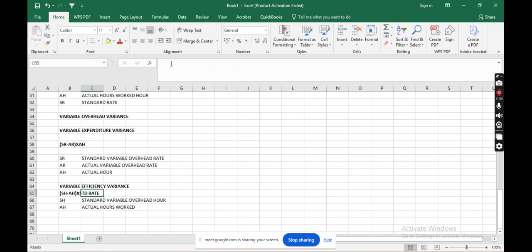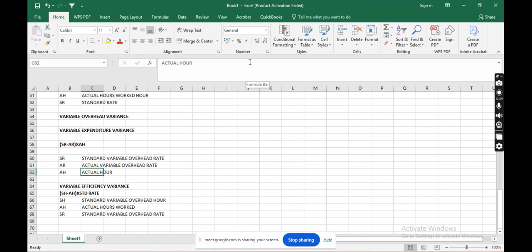Okay. Now, class, are we still together, please? So SR is the standard variable overhead rate. So, in a nutshell, the variable expenditure makes use of the labor rate, picture it from that side, right?